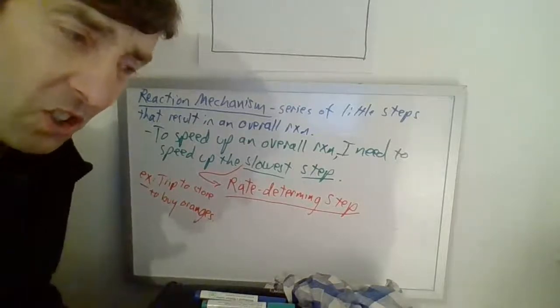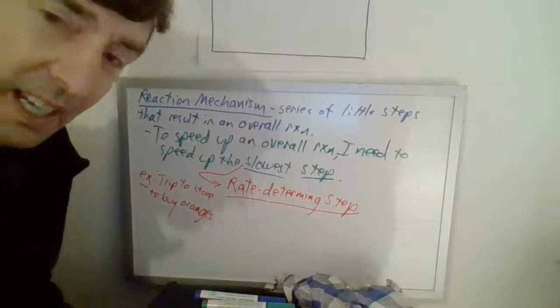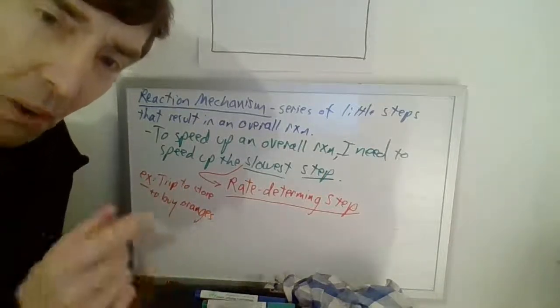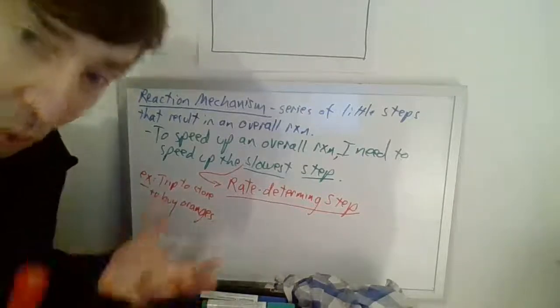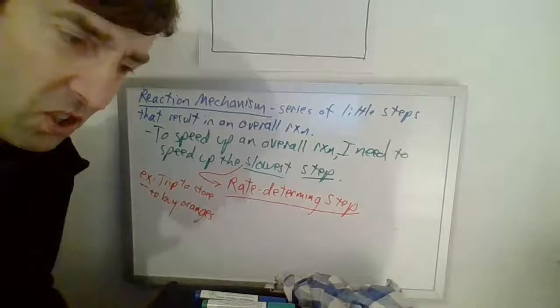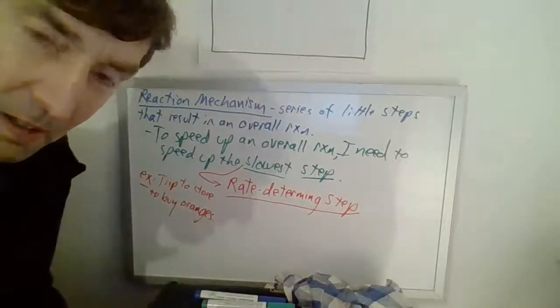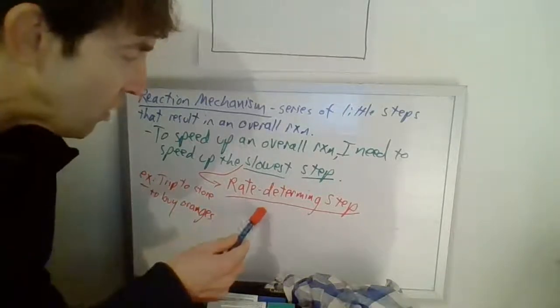Okay? So when a scientist is interested in making a process happen faster, and I'll be honest, a lot of the time this is really about money, whether it's a vaccine for the world or a product that I want to sell, I want to make it faster chemically. To do that, I want to concentrate on the slowest step, the rate determining step.